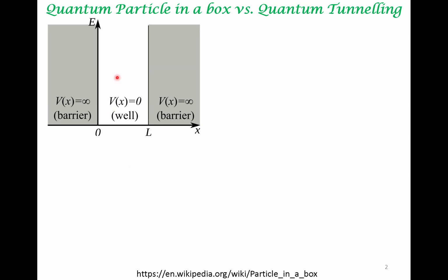You say that inside the box, the potential energy is zero, and outside the box, the potential energy is infinity, right? So, for example, this can be a room wherein a particle is situated, and the walls of the room offer an infinite potential energy barrier.